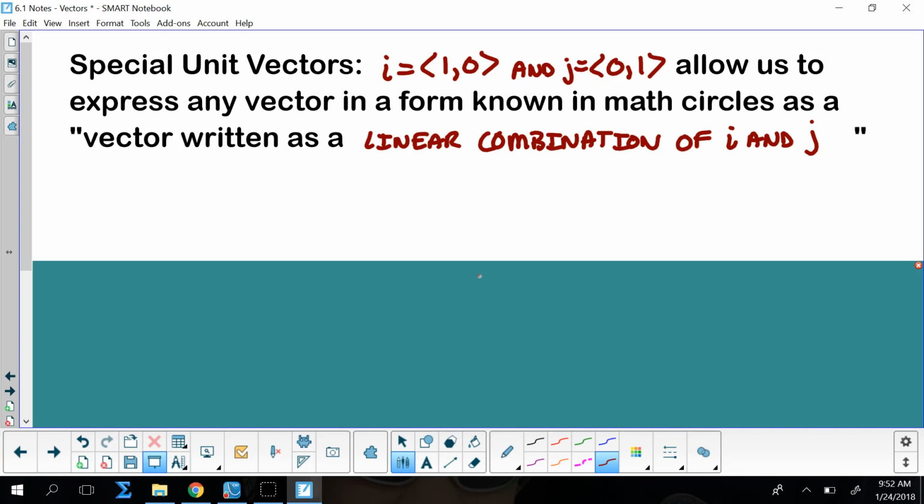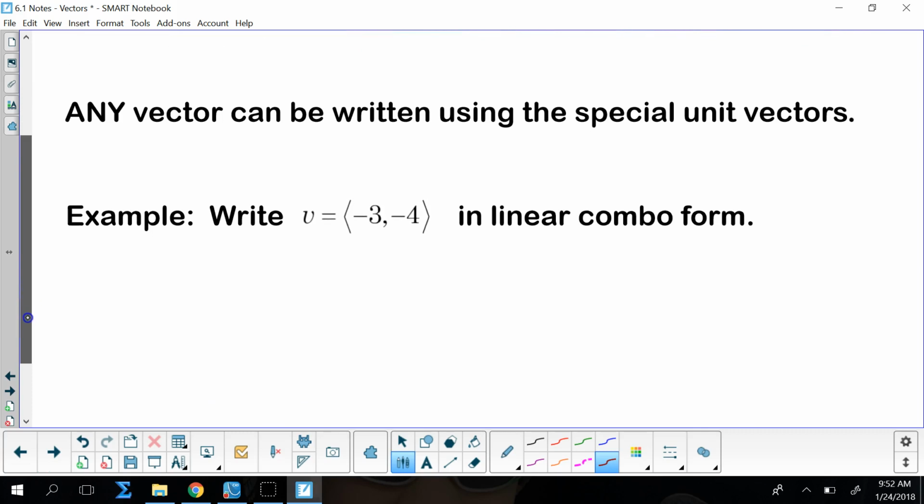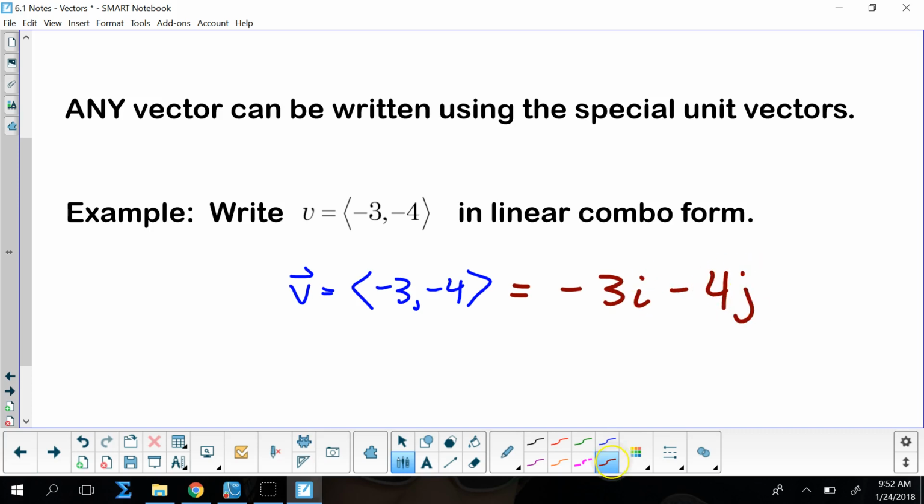We can take any vector and write it using those special unit vectors. So for instance, we just did vector -3, -4, vector v. We can write vector v in linear combination form. We could say that v here is equal to -3, -4. Well, that in linear combination form would be -3i minus 4j.